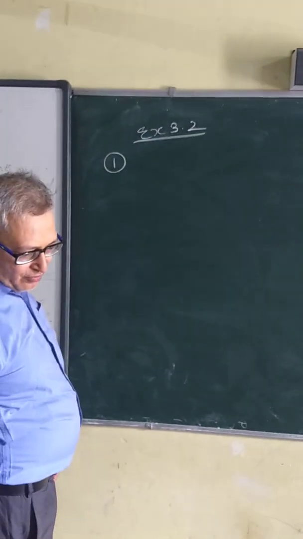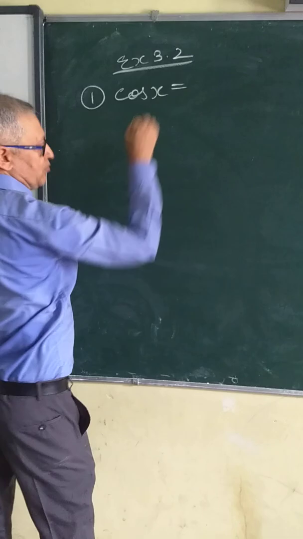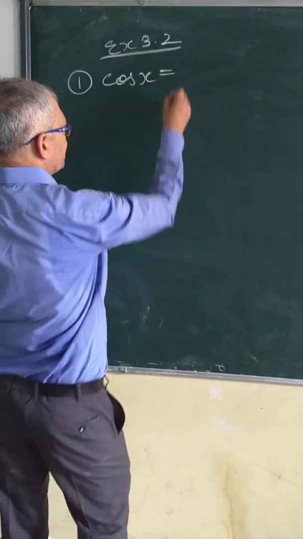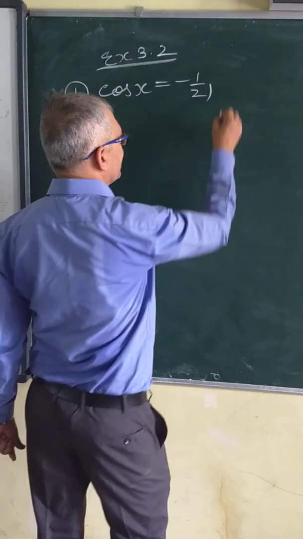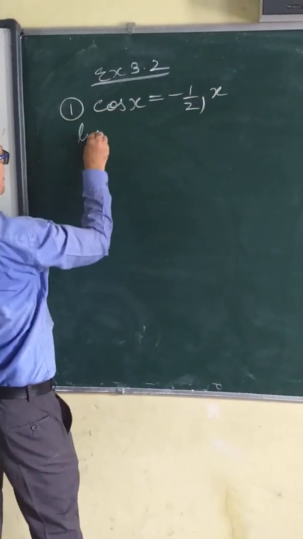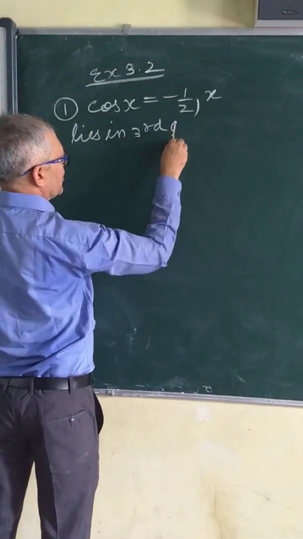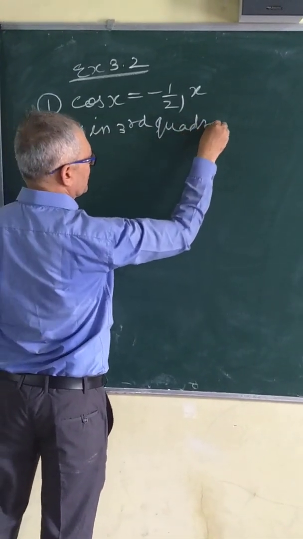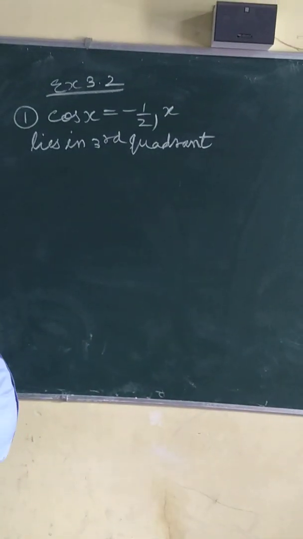Where we are given cos x is equal to minus half, where x lies in third quadrant. You have read quadrant in previous class 10.